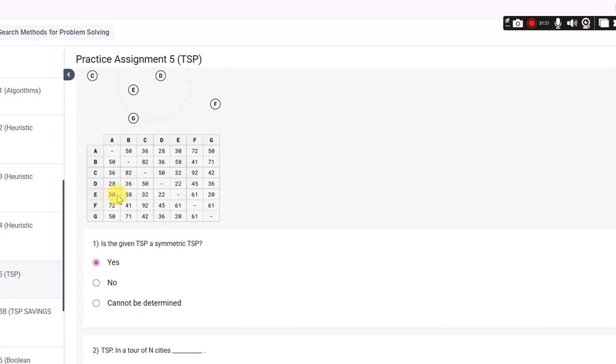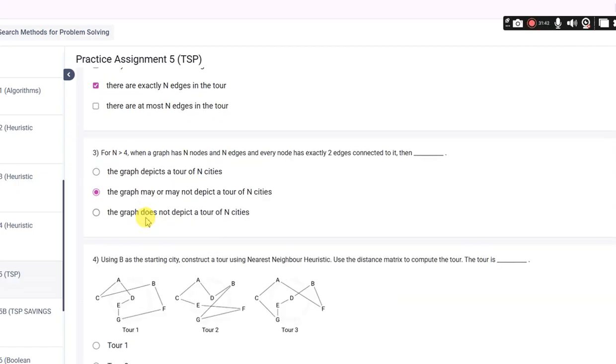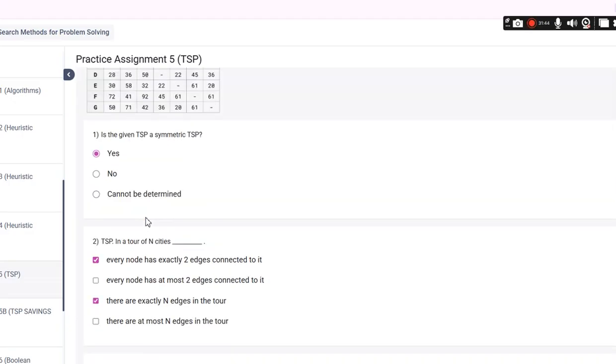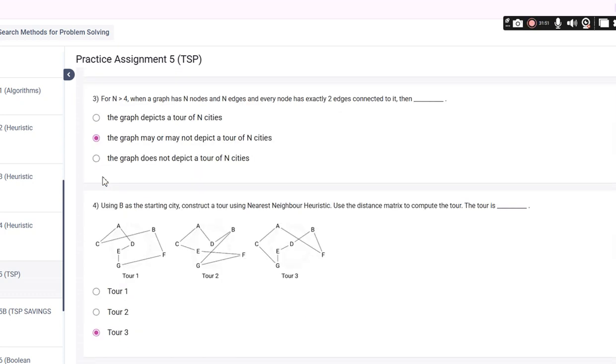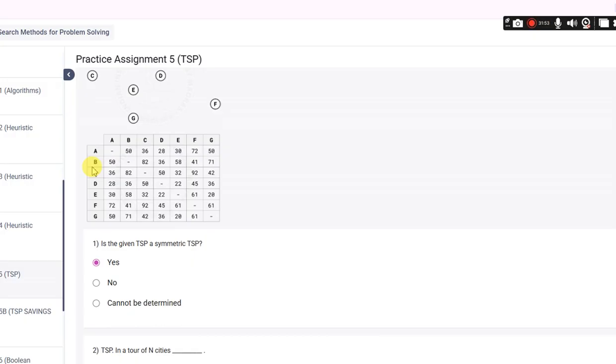And from E, the smallest one is, I think Z, yes, Z. And from Z, the smallest one will be E, but E is already done, right? So it will be C. And then from C, the smallest one will be A. That's it.